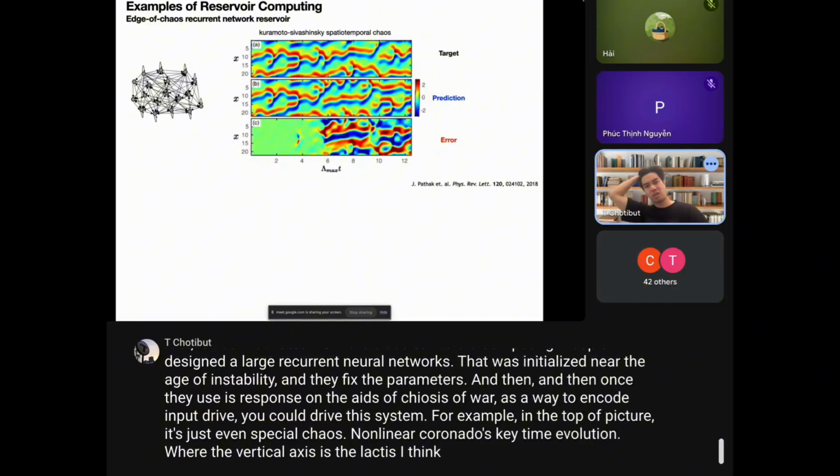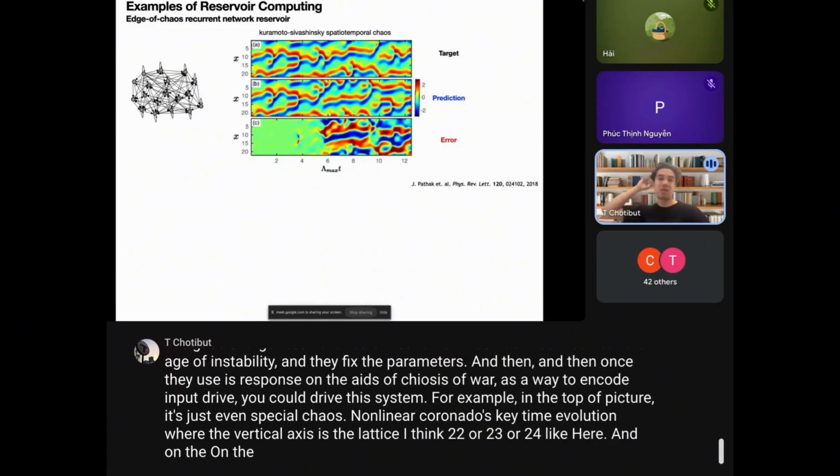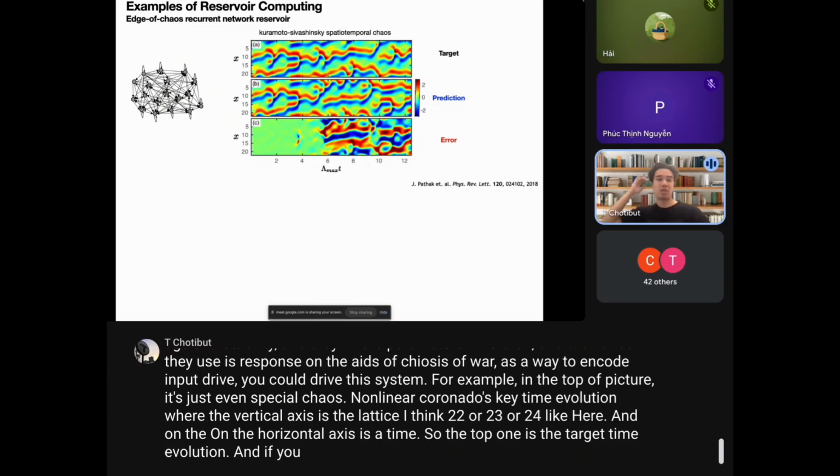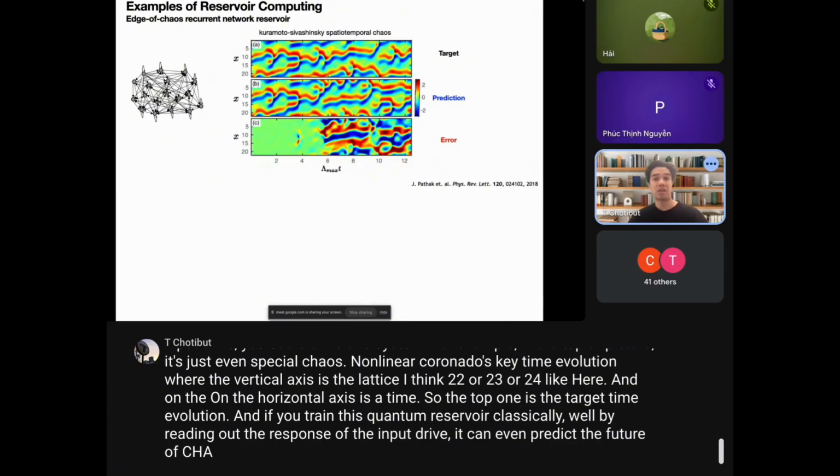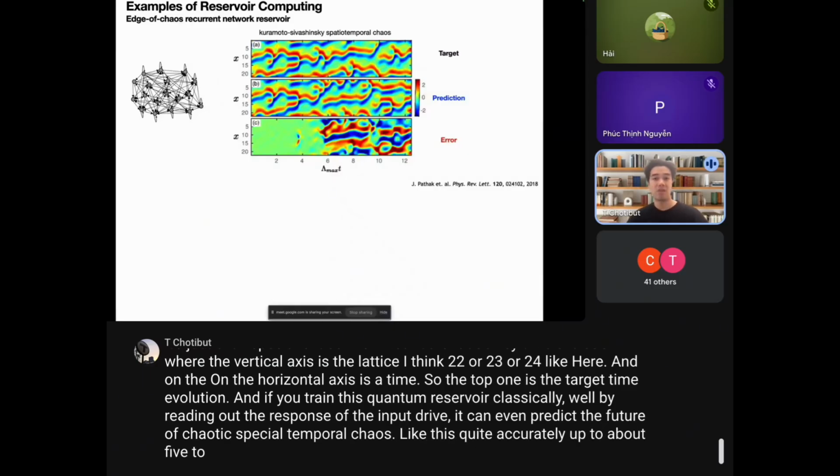There are, I think, 22 or 23 or 24 lattice sites here, and on the horizontal axis is the time. So the top one is the target time evolution, and if you train this reservoir classically by reading out the response to the input drive, it can even predict the future of spatiotemporal chaos like this quite accurately, up to about 5 to 6 Lyapunov times, as shown by the arrow in the bottom panel.